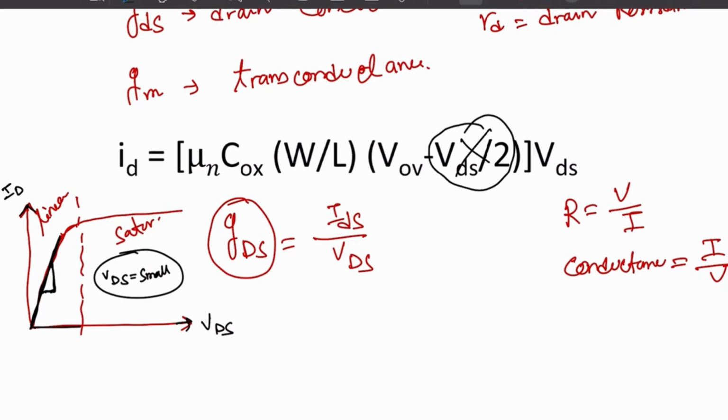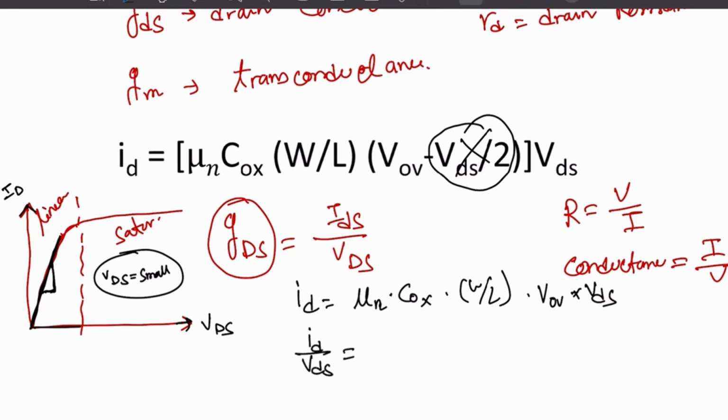Then what is the value of ID? ID is equal to mu n COX W by L VOV multiplied by VDS. That means ID divided by VDS is equal to mu n COX W by L multiplied by VOV.